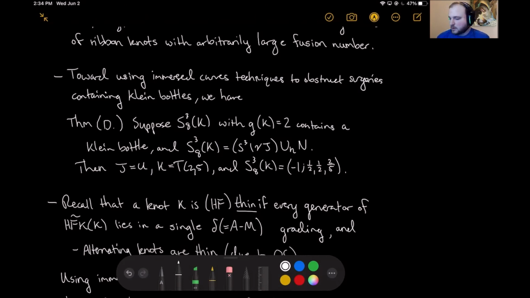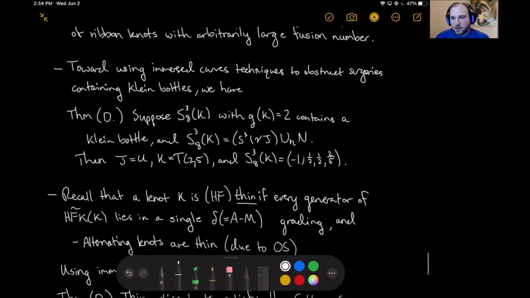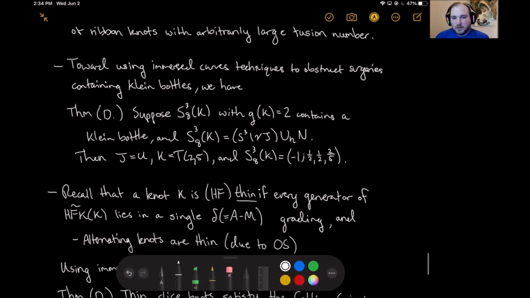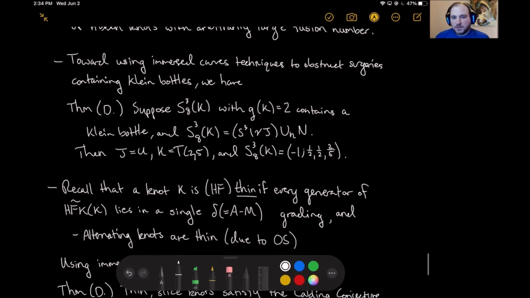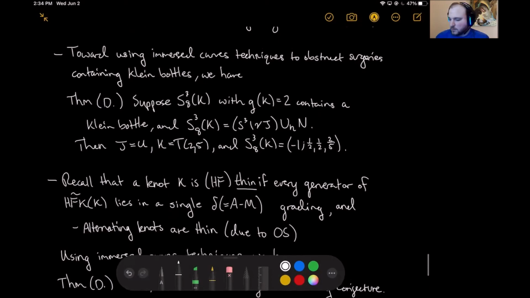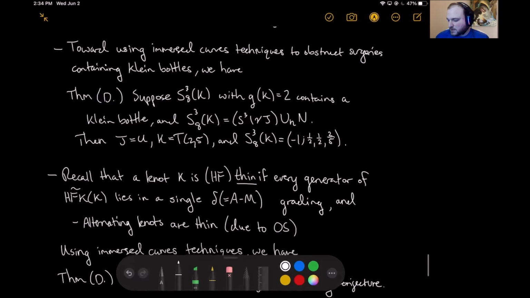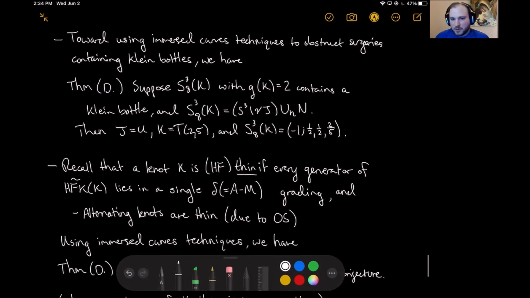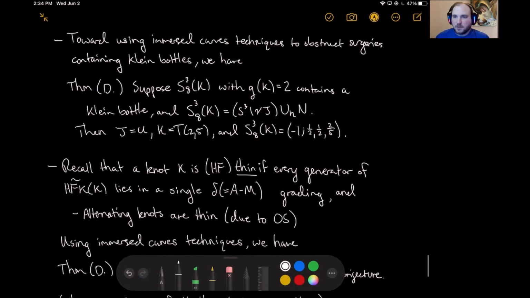Something that I want to advertise though is that immersed curve techniques have something additional to say about the cabling conjecture. And just something to recall is that a knot is considered Heegaard Floer thin if every generator of knot Floer homology lies in a single delta grading. So this is take its Alexander grading, subtract from that the Maslov grading, and if every generator has a single delta grading, then it's considered thin.